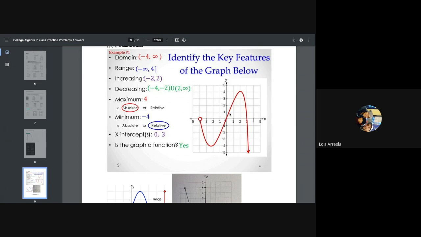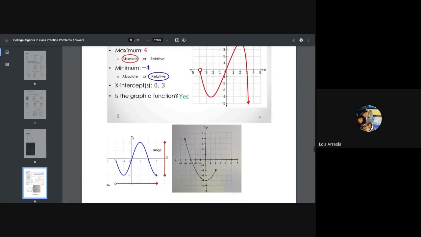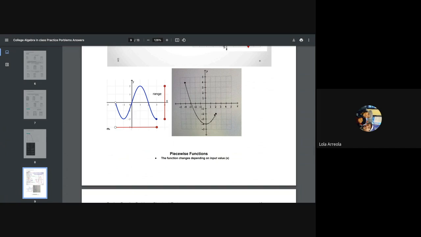It crosses 0 and it crosses 3. If I told you to write it as an ordered pair, it'd be (0, 0) and (3, 0). For x-intercepts, y is 0; for the y-intercept, x is 0. Again, left to right, right to left. That's just touching up on essentially.